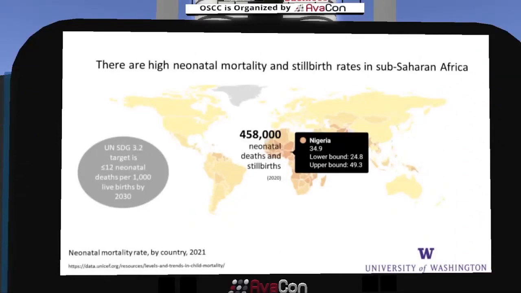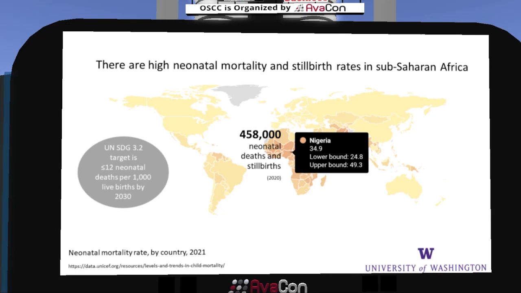So there are lots of reasons to be concerned about the general high newborn mortality rate. Over the years, we've seen declines in the mortality rate, but primarily in countries that are higher resourced, like the United States, United Kingdom, other European countries.